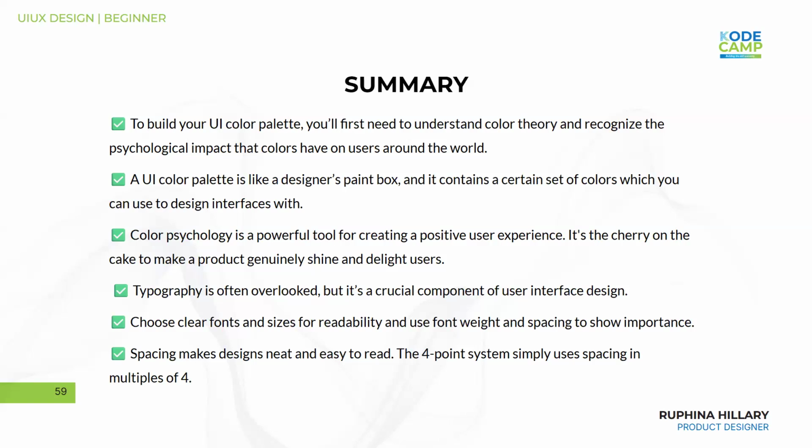So when I'm choosing font sizes, my font size for my header text is 64. If you remember, when I chose 64, 64 is a multiple of 4. You can divide 64 by 4. I also chose 32. 32 is a multiple of 4. 16 is a multiple of 4.